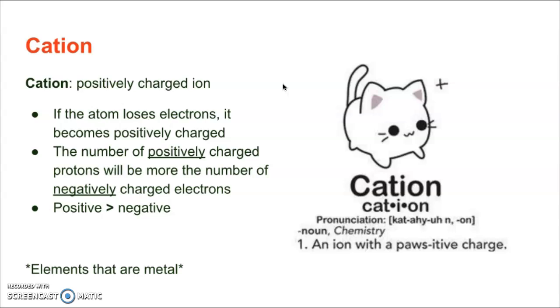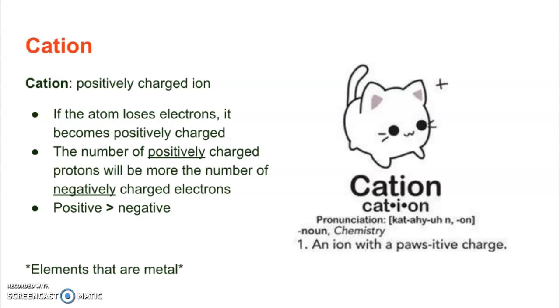So the number of positively charged protons is more than the number of negatively charged electrons. So positive is greater than negative. And all cations are metals. This will make more sense in Unit 2, but know that for right now, cations are metals.